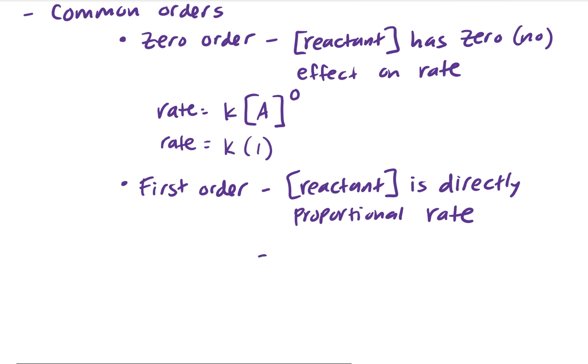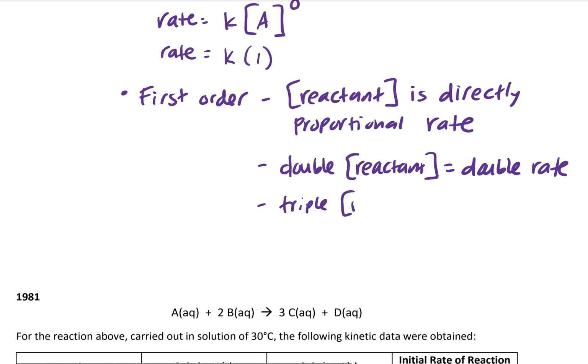So this means if you double the concentration of reactant, that's going to double the rate of reaction. If you triple the concentration of reactant, that is going to triple the rate.